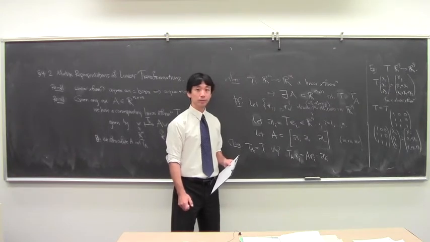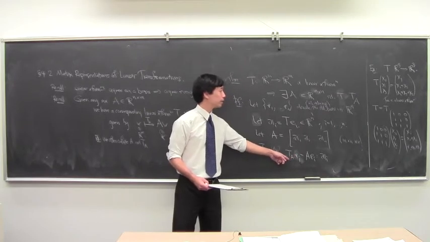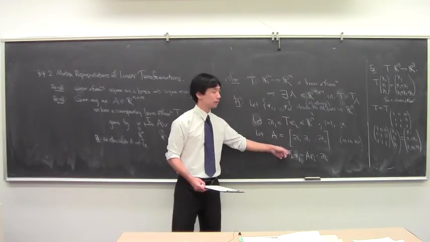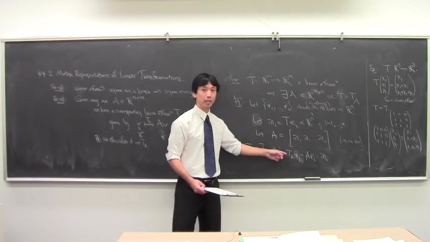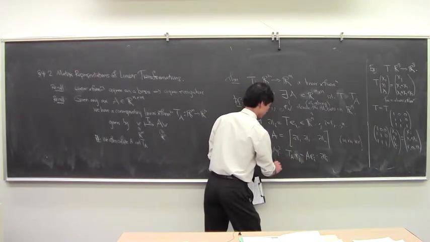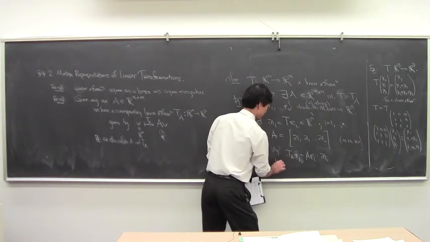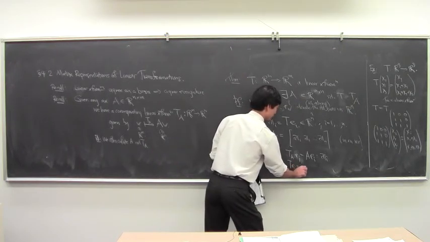So what's good about that? T sub A of Ei is Ai, and T of Ei was Ai by construction.